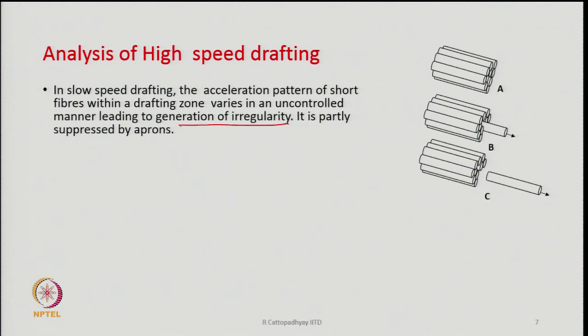The very purpose of the aprons is to change the acceleration pattern, so that the fibers accelerate only when they reach the nip of the front rollers, and some guidance is given with the help of aprons. Aprons physically grip the fibers and guide them through the drafting zone and make sure that they get accelerated only when their front end is nipped by the front rollers. Otherwise, they will not accelerate out of turn.